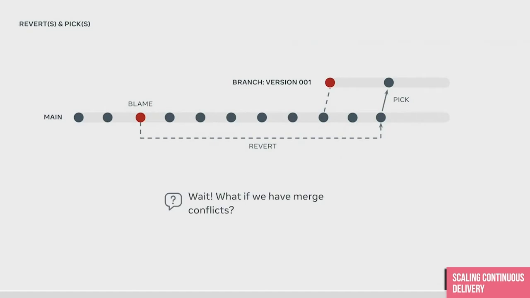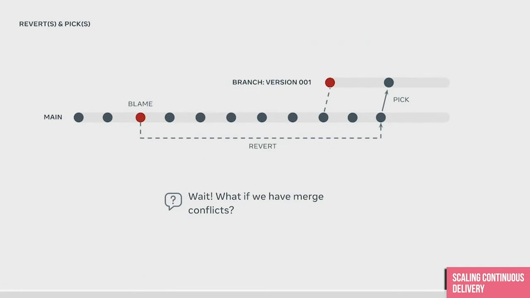That's it. No, wait. So what if we have merge conflicts? This is the question, because there are many changes landed in the code base, and some other commits which landed later can be dependent on the blame commit.